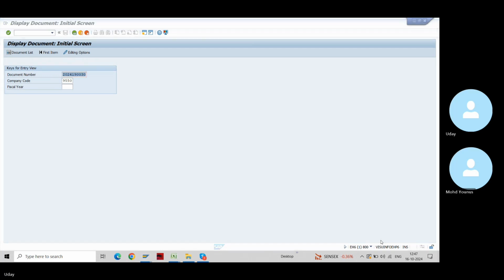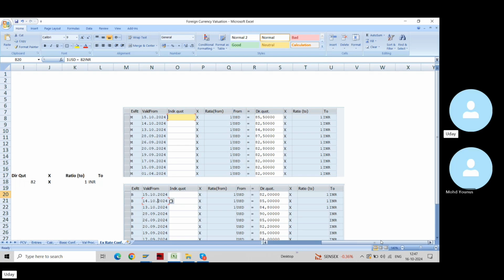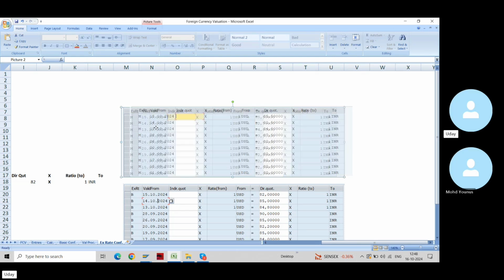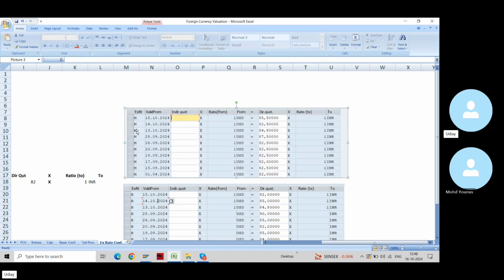So we have to maintain the exchange rate in OB08 so that SAP automatically picks it from there and converts the foreign currency into local currency.